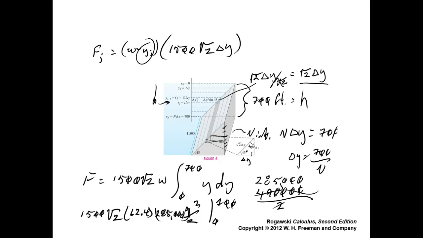What do you got? It's 62.4 pounds per square feet. That I did it in my head. I hope that's 285,000. 3.77. Okay, now maybe I made a mistake here. Let me see. 49. Did you get it?